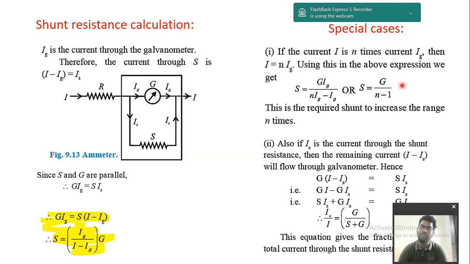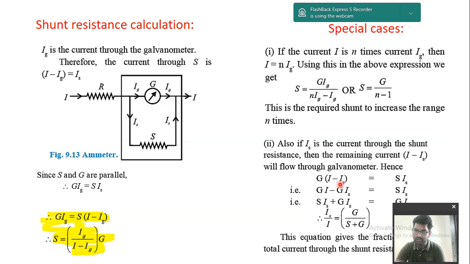The second special case: you see here, I minus Ig equals Is. Also I can write I minus Is equals Ig. Things are same. Since the voltage is the same, again I apply Ohm's law: the potential difference across these two points and across these two points will be the same since they are connected in parallel.